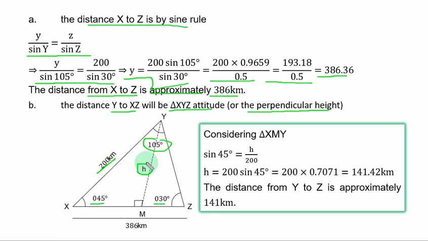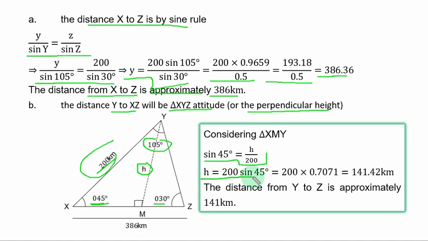So we have to consider triangle SMY. It is a right angle triangle. This is opposite to this acute angle, and this is the hypotenuse. It must be sine 45 degrees equal to h over 200, that is opposite over hypotenuse. Multiply through by 200 to clear fraction.